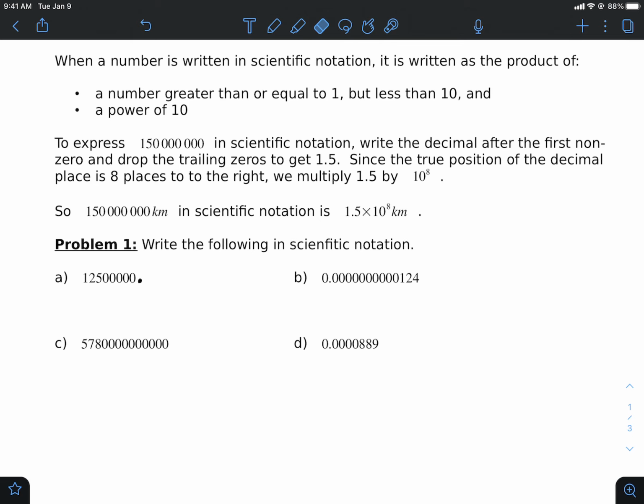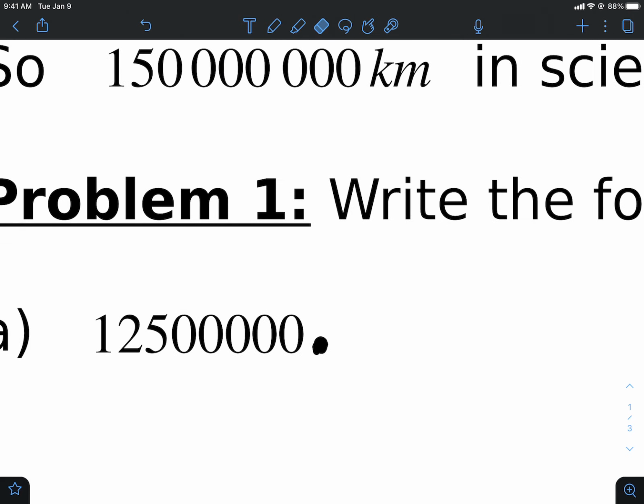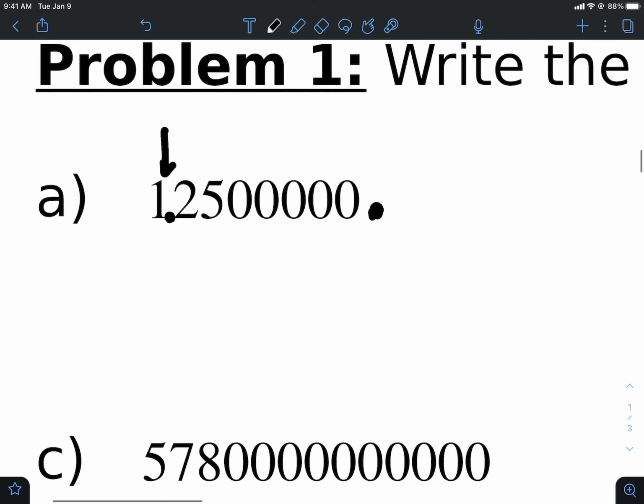Now I want to get this into scientific notation, which is typically one digit on the left of the decimal, and then you could have a couple on the right. Okay, so I want to get the decimal all the way back to here. Okay, so I know I'm going to want 1.25.